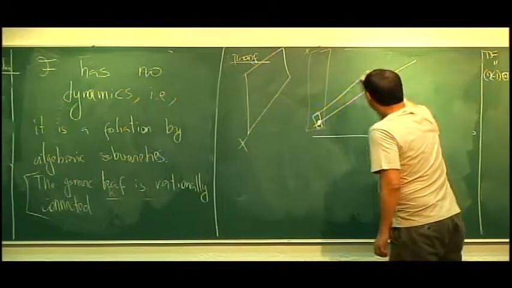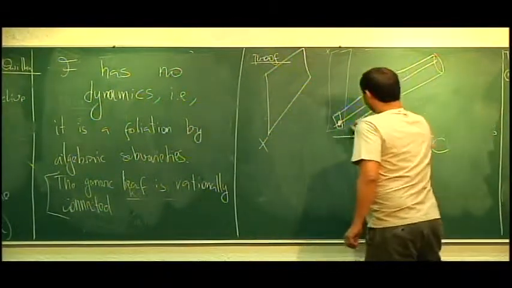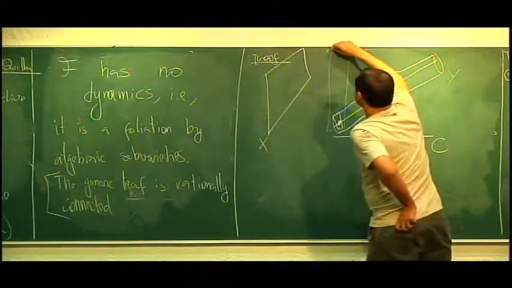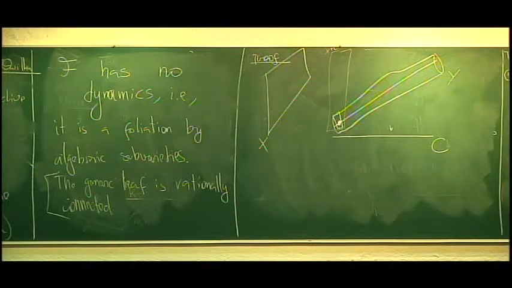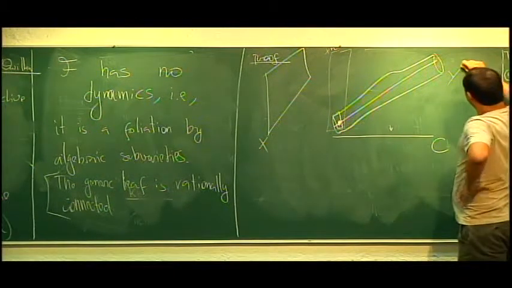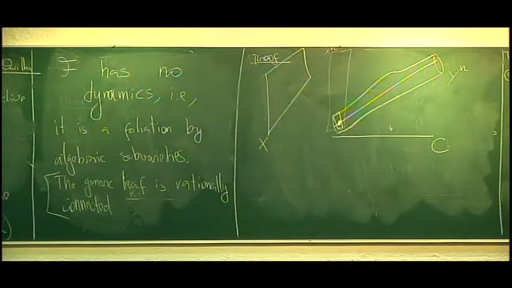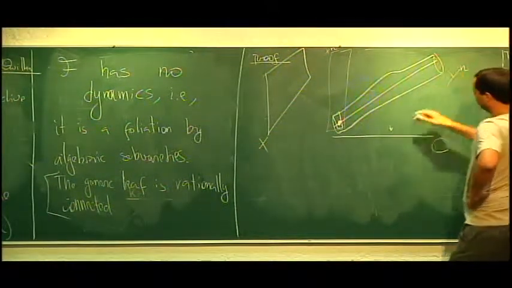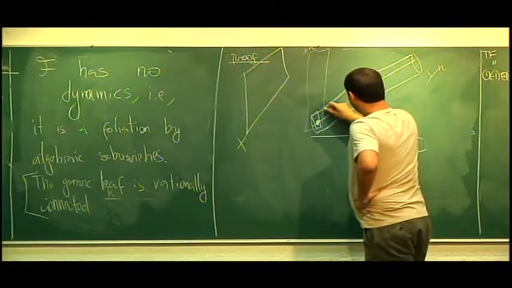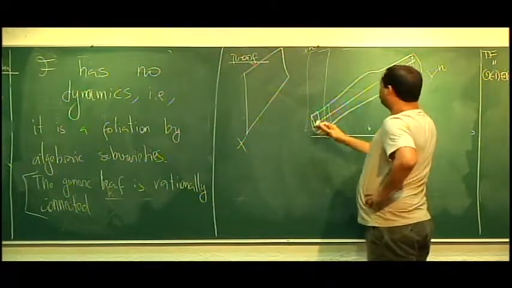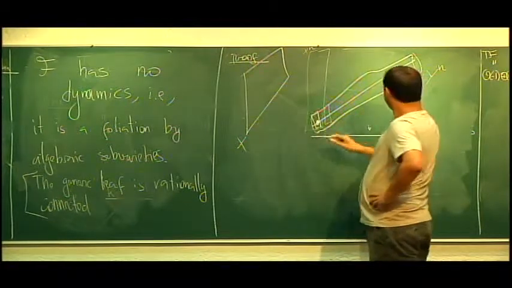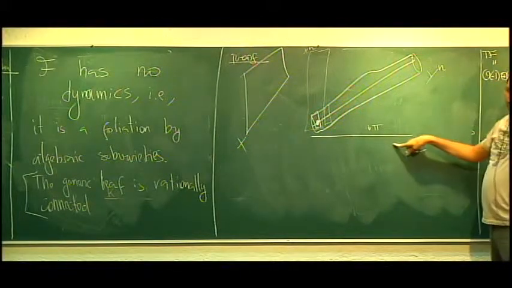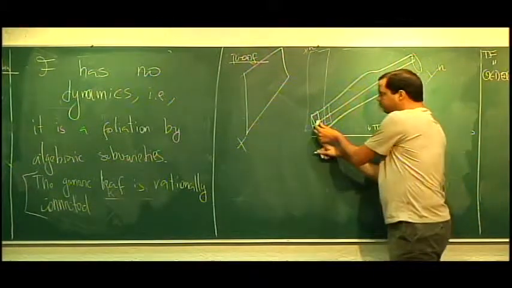So in this way, I will construct a variety Y of dimension n, if X has dimension n, which contains this diagonal, and such that the trace of our leaves can be recovered as the levels of the projection from Y to C. Because over a point of C, the only thing that I've put here is the leaf.